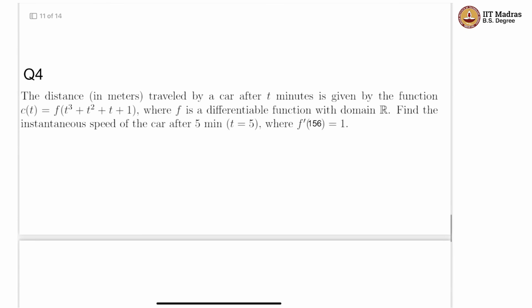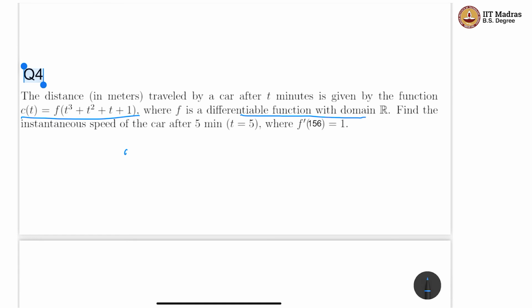Okay, let's now see the fourth question. The distance traveled by a car after t time is given by the function c(t) equal to f of t cube plus t square plus t plus 1, where f is a differentiable function. Find the speed. So we know speed means differentiation of distance with respect to time, right?